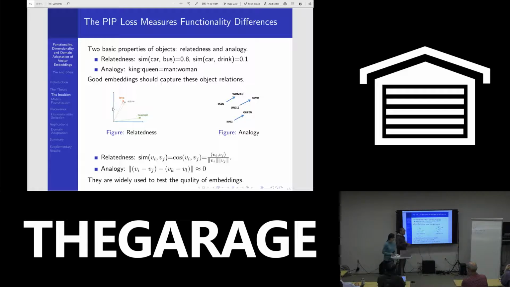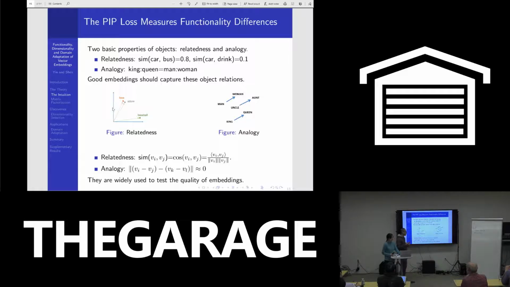We are also able to prove the other direction, meaning that if all the words in the two embeddings have similar relatedness or analogy relations, then the p-loss between the two embeddings is small. So the p-loss not only gives us a geometric characterization of word embedding, it also controls the practical quantities we care about when we use word embeddings.